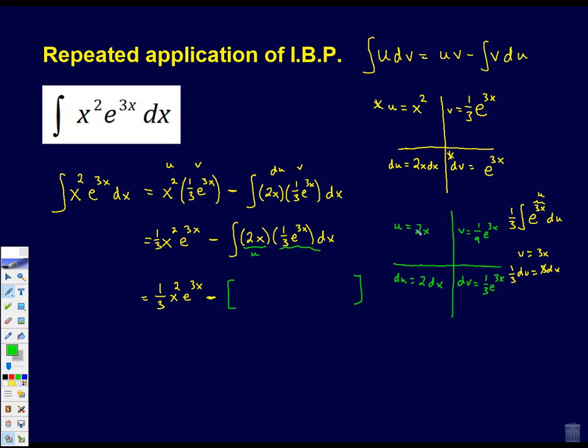It's going to be the new u times the new v, which is going to be 2x times 1/9 e to the 3x. That is minus another integral. It's v times du, so that's going to be 2 and then 1/9 e to the 3x.